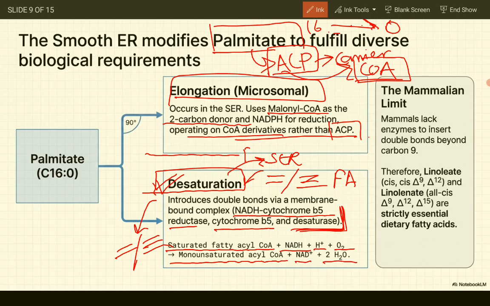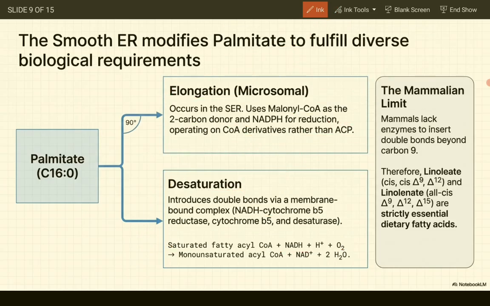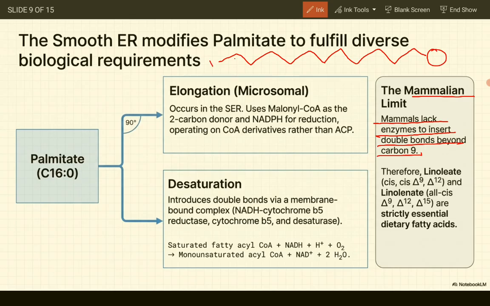Now it is important to note that the mammalian body has some limits. Mammals lack enzymes to insert double bonds beyond carbon 9. For example, this is carbon 1, 2, 3, 4, 5, 6, 7, 8, 9, 10, 11, 12.